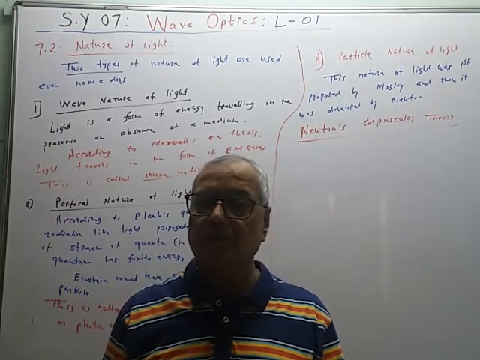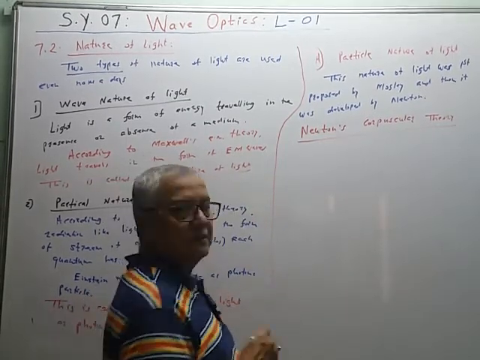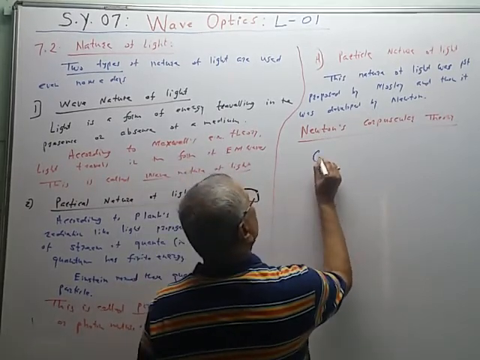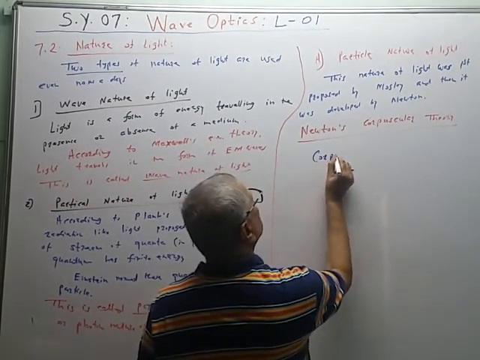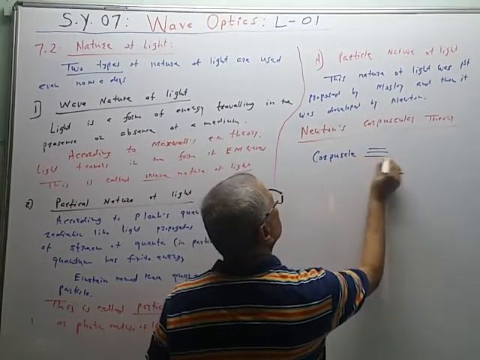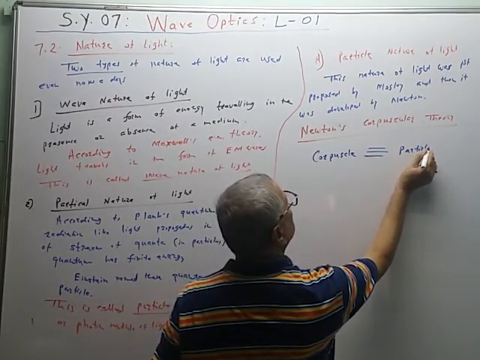So what are the suggestions by Newton that we have to see? Corpuscle is another name for particle. It is the Italian word for particle. So corpuscle means particle, so it is particle nature.